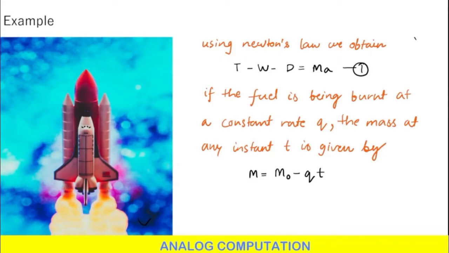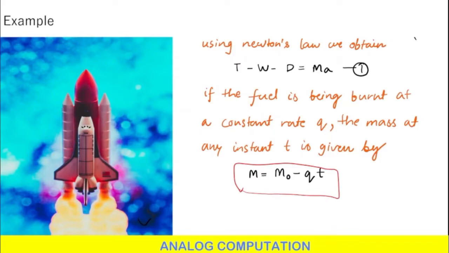As I told you, this is a variable mass system, so the fuel is being burned at a constant rate, which means the mass is reducing. Let's say the rate at which this is happening is q. What will be the mass at time t? If the rate of decrease is q, then at time t the mass will be decreased by an amount q times t. So at any time t the mass will be m naught minus q t.